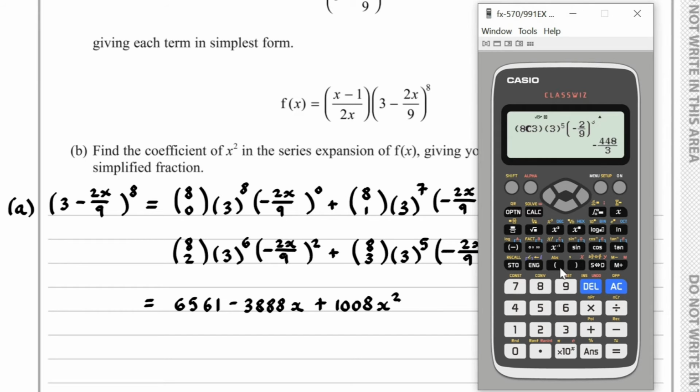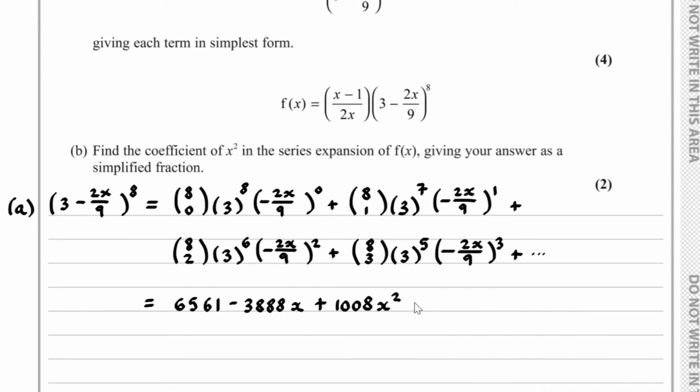So we have negative 488 over 3 x cubed plus higher order terms.